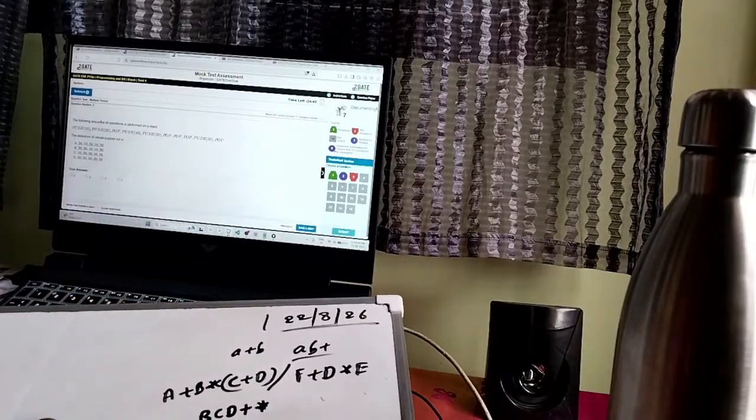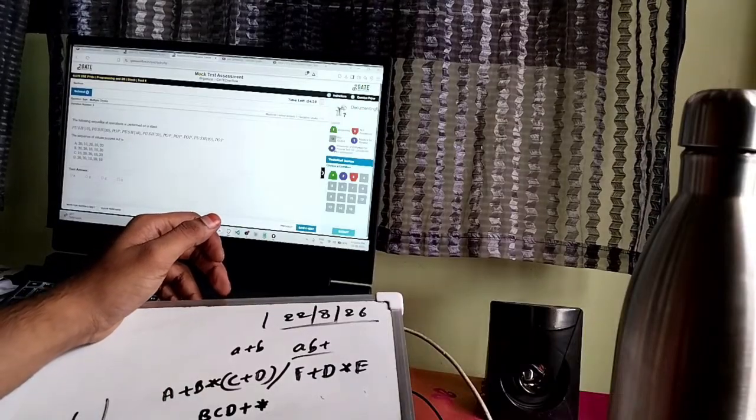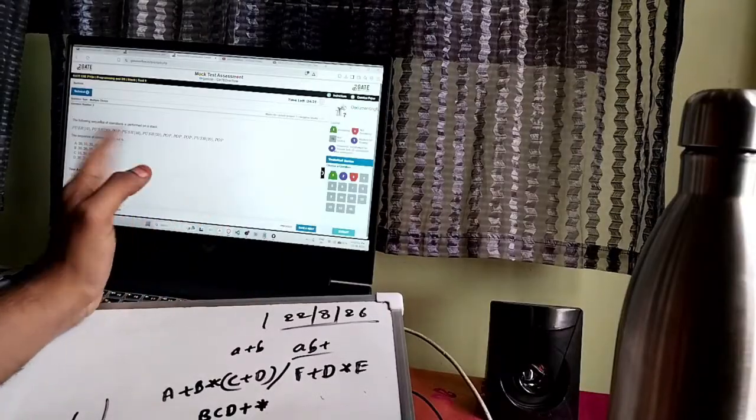For the first one, they push 10, 20 and pop first 20.